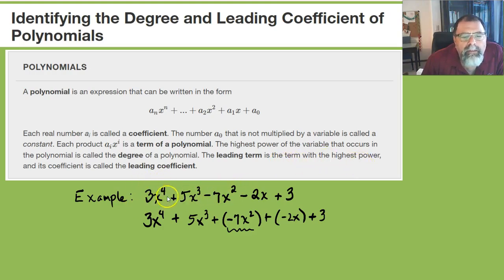If it's written in descending order, the leading term would be the first one. If I didn't write this in order, the 3x to the fourth would still be the leading term because it's the term with the highest power. And the coefficient will be called the leading coefficient. So the leading coefficient would be 3.